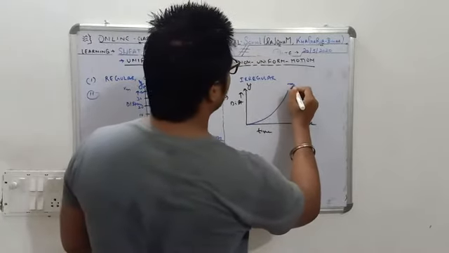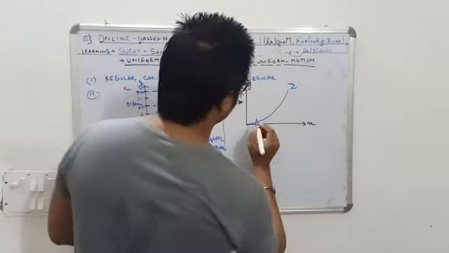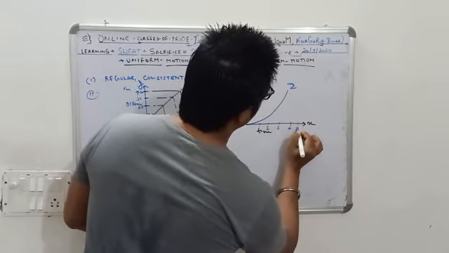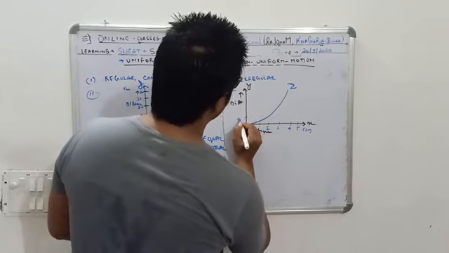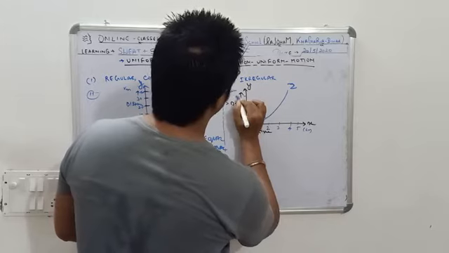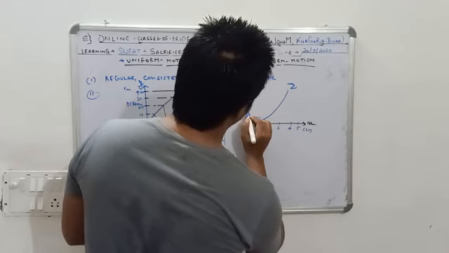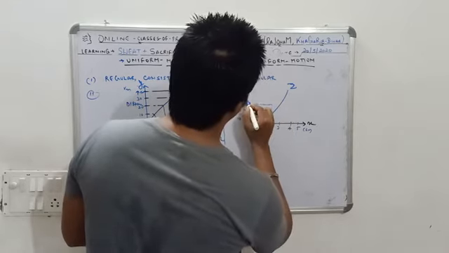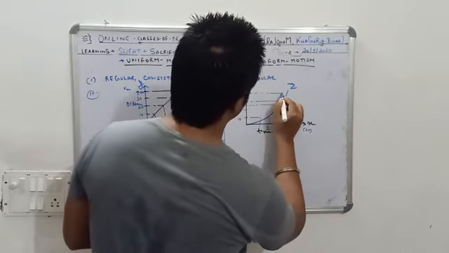If I put 1, 2, 3, 4, 5 for all these hours, and kilometers as 10, 20, 30, 40, then in the first hour it has traveled this much, in the second hour this much, in the third hour, and in the fourth hour.